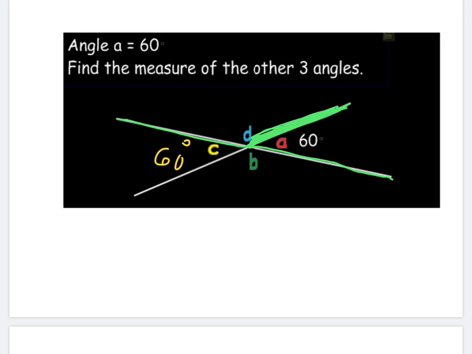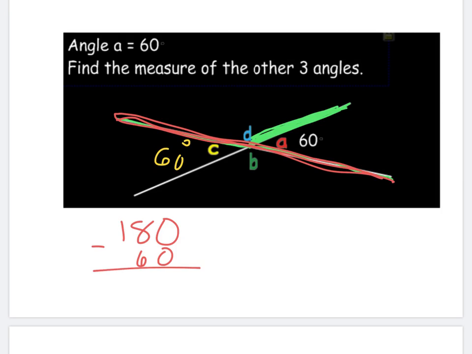So those two angles together, angle A and angle D, form this straight line that I'm highlighting here in red. And we know a straight line, or a straight angle, those are supplementary angles, is 180 degrees. Just like what we did in the previous lesson, if I know the whole thing should be 180 degrees and I know I use 60, I should be able to subtract what I know from what I want and it will get me what is left over.